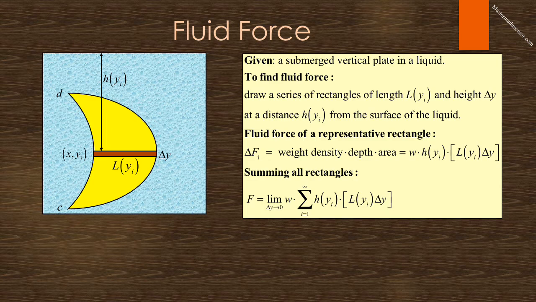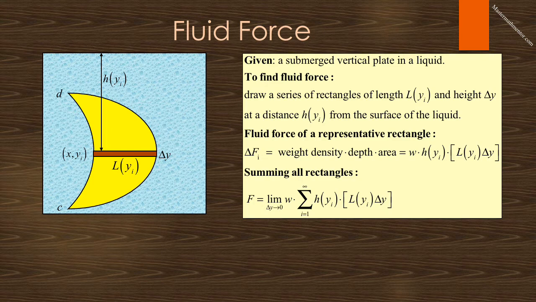So the fluid force of a representative rectangle, delta F sub i, is the weight density times the depth times the area, which is W times h of y sub i times L of y sub i delta y.